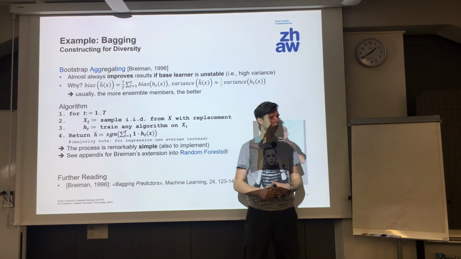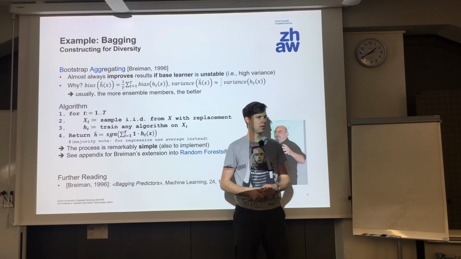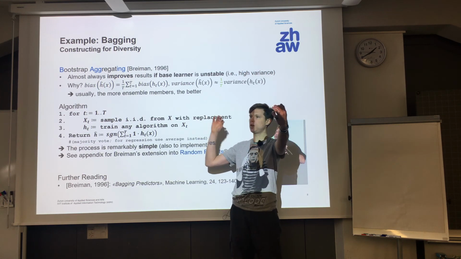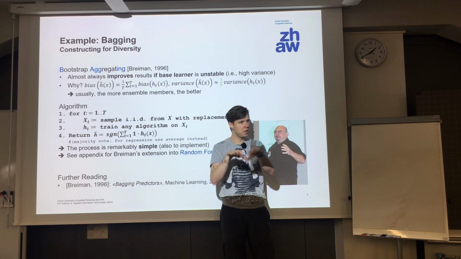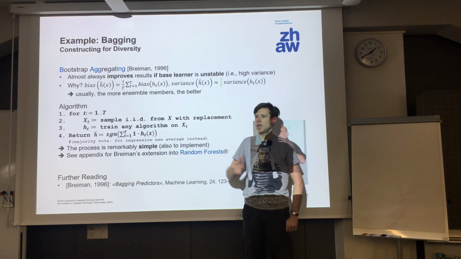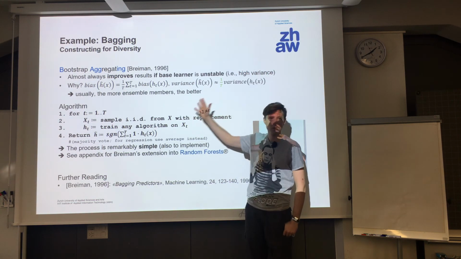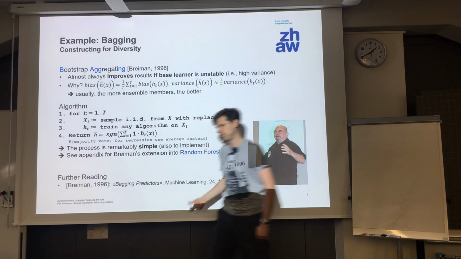This is controlled just by randomness. But in the end, this is what the algorithm does. Each member of the ensemble looks at the data set from a different perspective, at a different reweighted version, reweighted by resampling. And that actually creates a very diverse ensemble that works very well in practice.